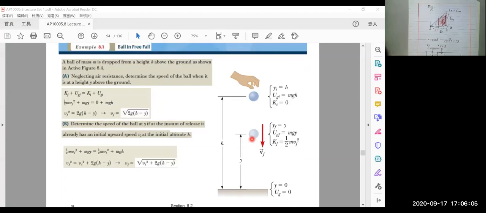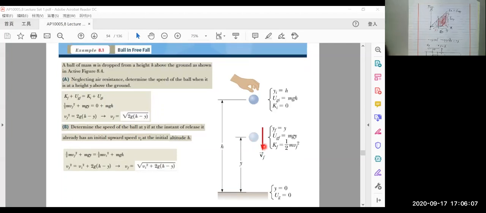Let us start with a simple example. You have a ball that is dropped from height h above the ground, and you are asked to determine the speed of the ball when it is at height y above the ground.